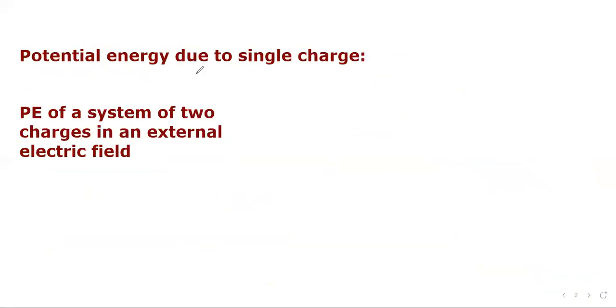Okay, potential energy due to a single charge. So if potential in that region is V, then potential energy will be Q times V. Now, system of two charges placed in an external field, and then we have to find out potential energy.